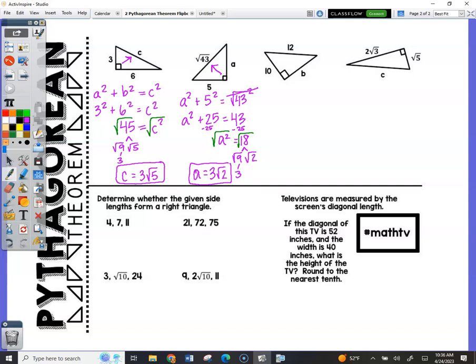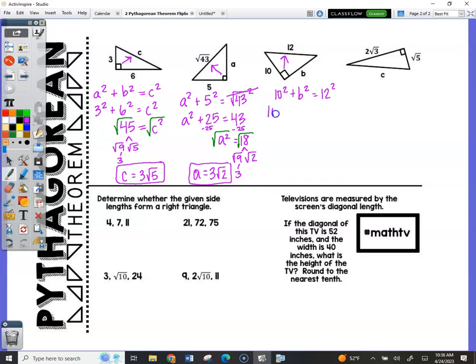Let's do the next one. Draw an arrow to the hypotenuse so you know where that number gets plugged in. Set it up. So we're going to have 10 squared plus b squared equals 12 squared. I'm going to go ahead and square these numbers so I know what they are.